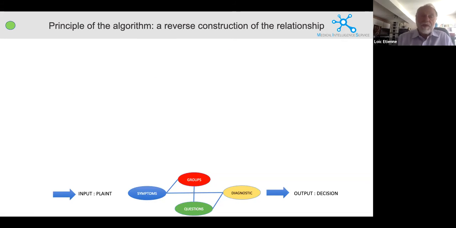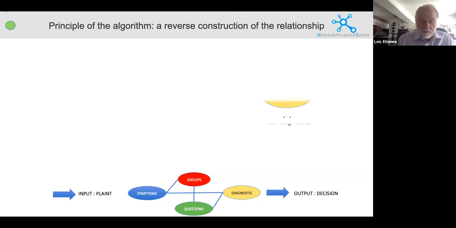The principle of the MedVir algorithm was to make a reverse construction of the relationship. Here you have a summary of the important elements between the input, that is the complaint, and the output, that is the decision. Each diagnosis has under its dependence a non-limited number of symptoms.